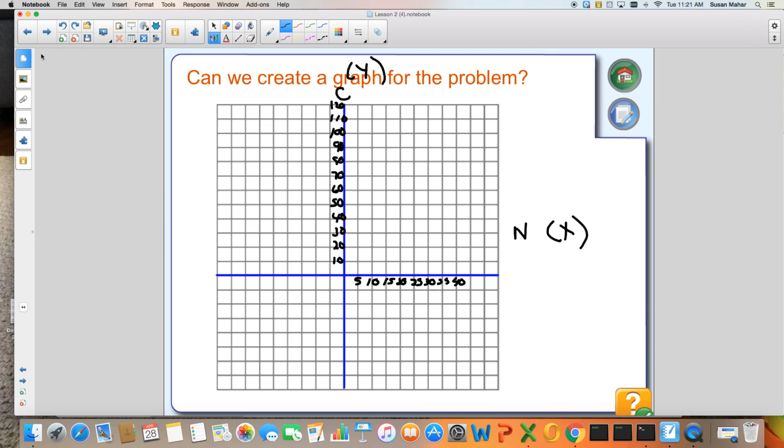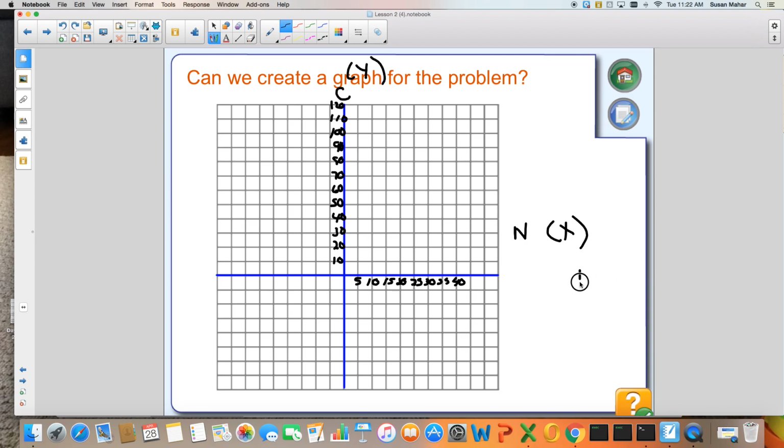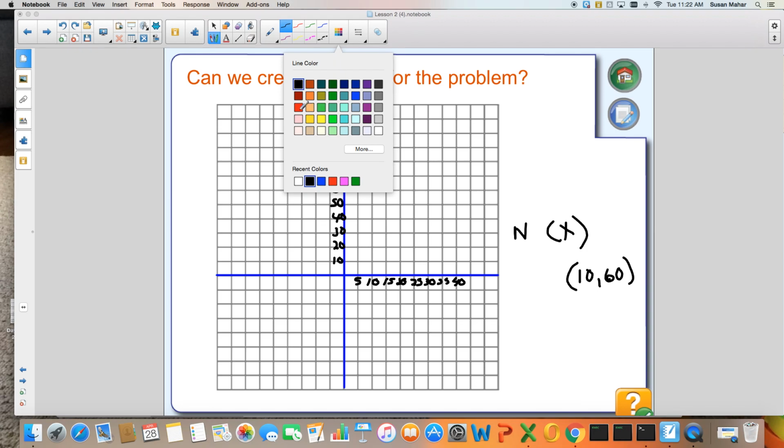All right, I'm going to go back and pick up my first ordered pair, which is 10 and 60. I'm going to write 10 and 60 here to remind myself, and then I'm going to graph it. So here's my n value, 10, and I'm going to go up to 60, and this time I'm going to change to red just to make it easier for you to see.